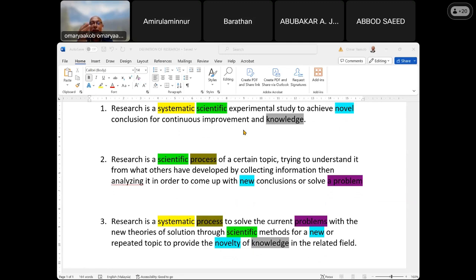So we want everybody to understand what scientific means. Okay. So as explained just now, scientific means that. Do you agree with that? Yeah, everybody agrees that that's what is meant by scientific, not necessarily science and technology research.